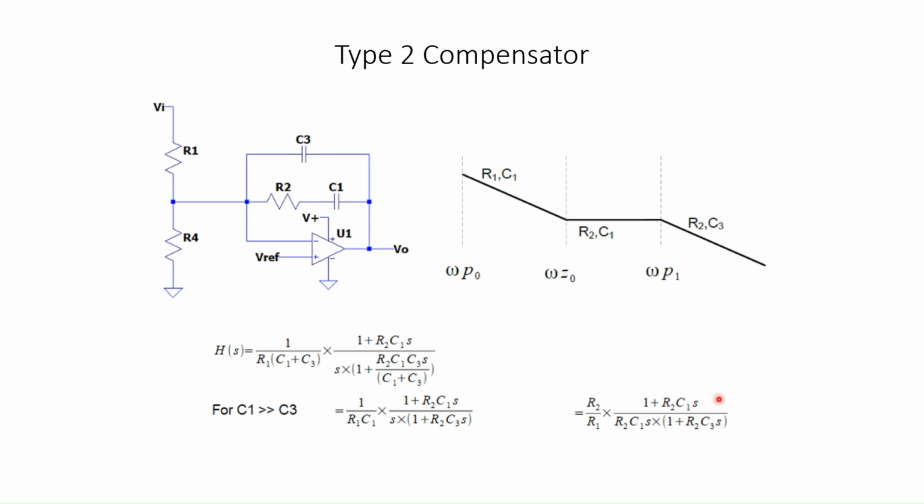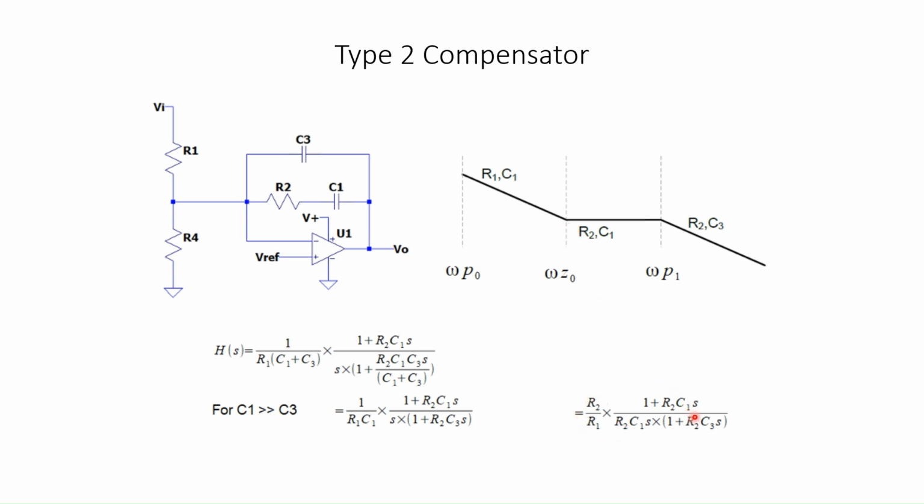When omega crosses 1 over R2 C1, this 1 will be negligible, and at a higher frequency this one also will be negligible. So C1 cancels, and the gain will be R2 by R1.